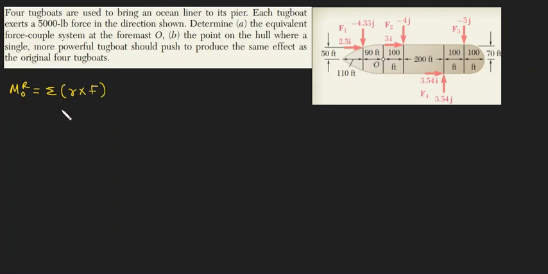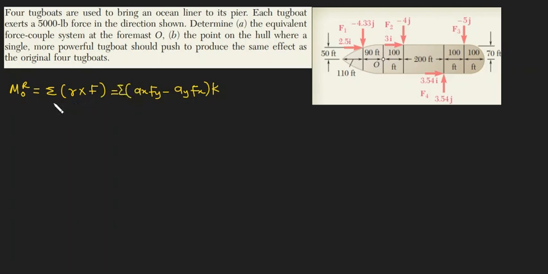I'm going to equate this to Ax multiplying Fy, minus Ay multiplying Fx, and all this will be multiplying the vector k. That means they will be in the k direction, which is the z-axis direction. Let me bring the sum here.